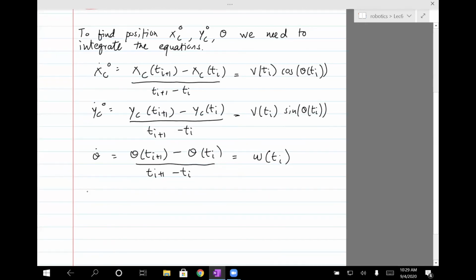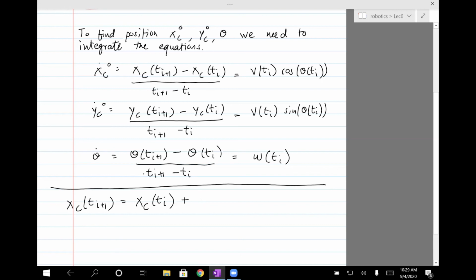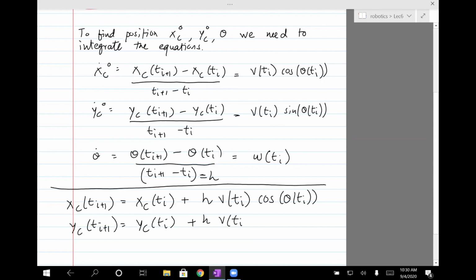Okay, so let's rewrite that as xC at t i plus 1 equals xC at t i plus, I'm going to call this expression h, that's basically the time step, just to simplify my expressions, h times v of t i cosine of theta at t i. yC at t i plus 1 equals yC at t i plus h times v of t i sine of theta at t i.